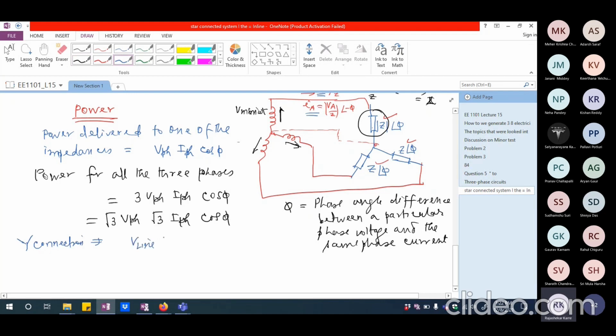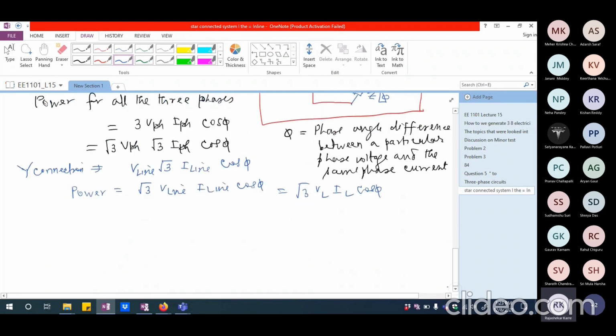And root 3 times I phase, I have to write this as root 3 times I line and cos phi. So I can write this as root 3 V line, I line, cos phi. So the power in all the three phases can be represented by root 3 VL, IL, cos phi.